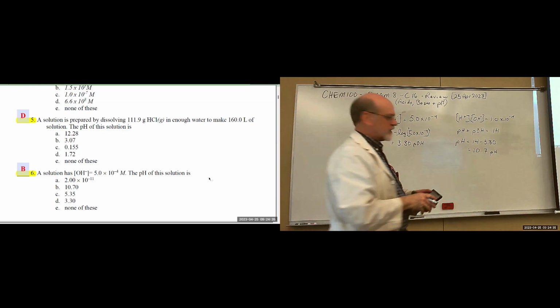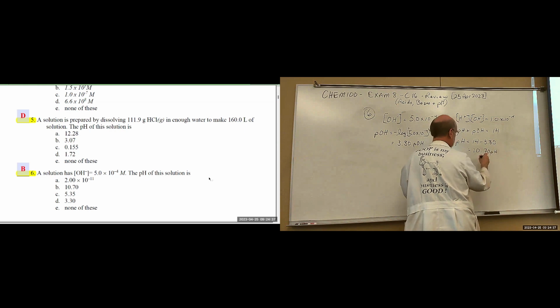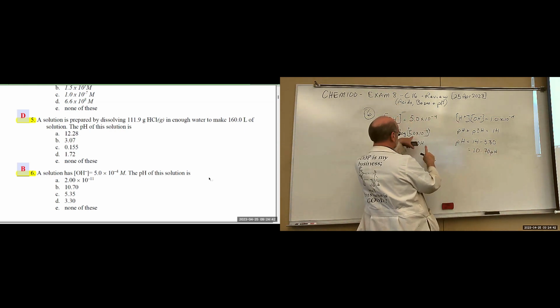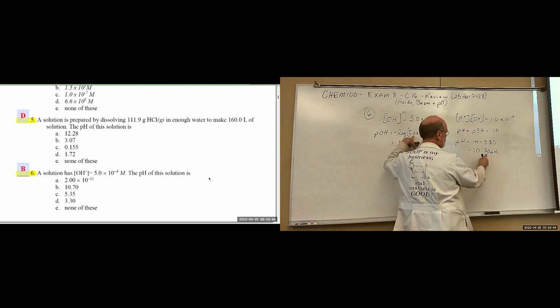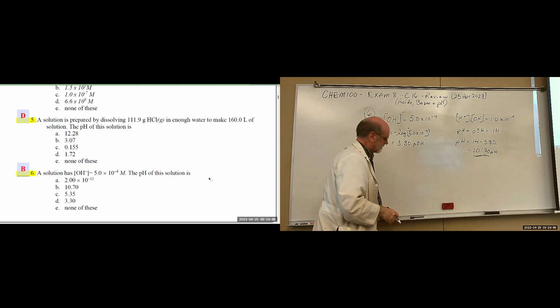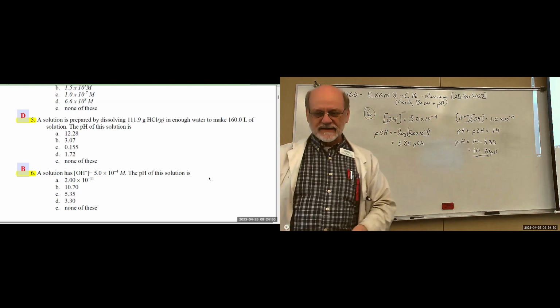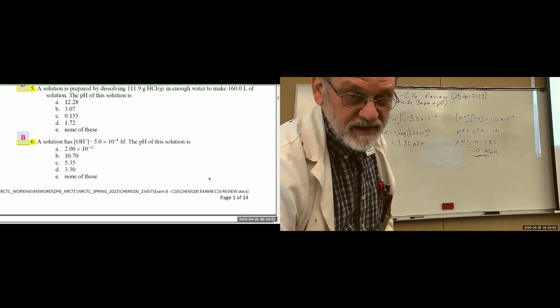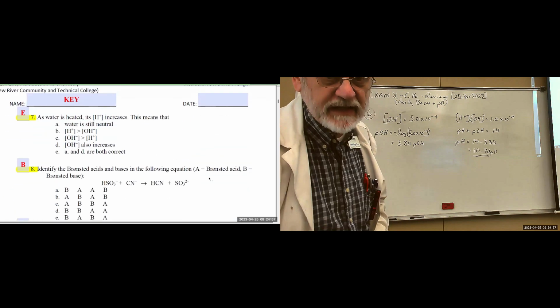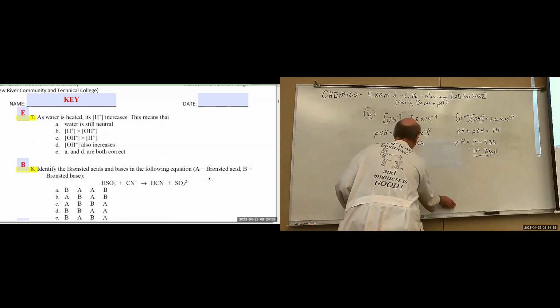And I left off a 0, didn't I? Yeah. 2 significant figures, 2 decimal places. 10.70 is correct. Yep. That was number 6. Let's see, 7, and we can get 7 and 8 together.